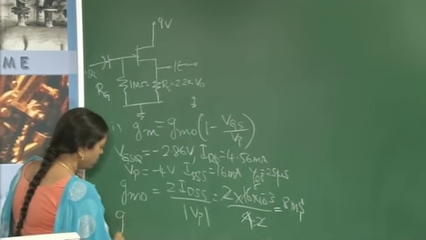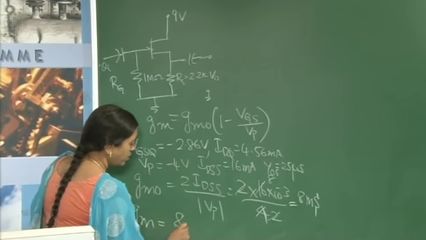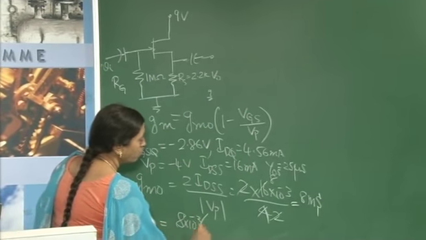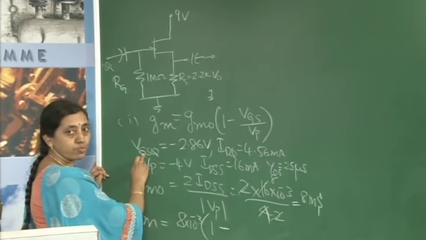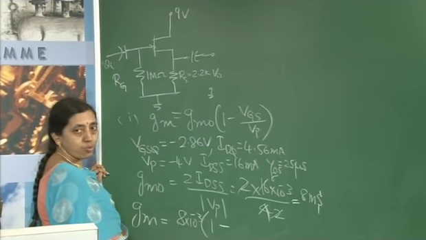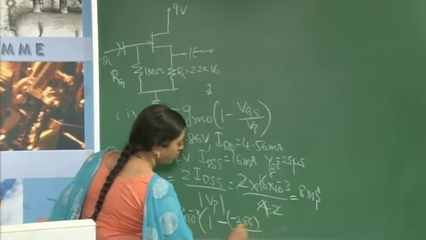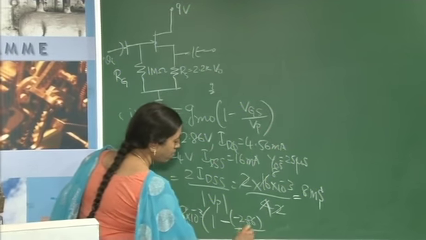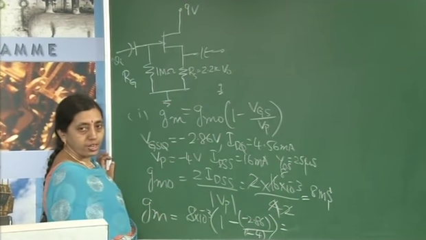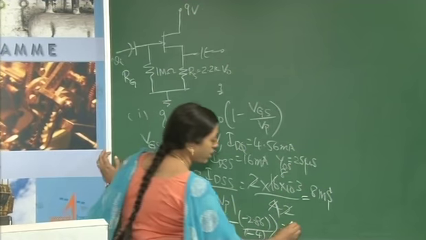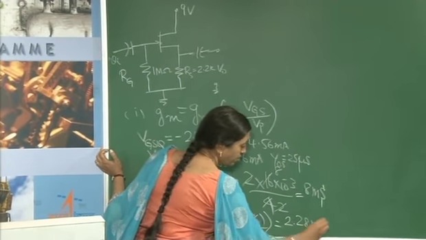Now, find out gm using this expression, that is 8 milli into 1 minus the value of VGSQ specified, which is minus 2.86, divided by value of Vp, minus 4. By evaluating this expression, we find that the value of gm is 2.28 millisiemens.